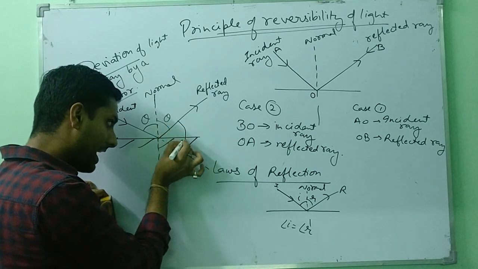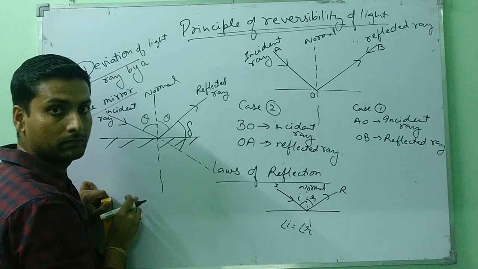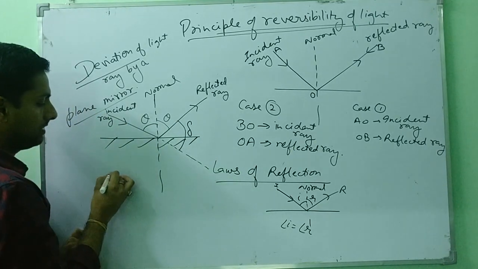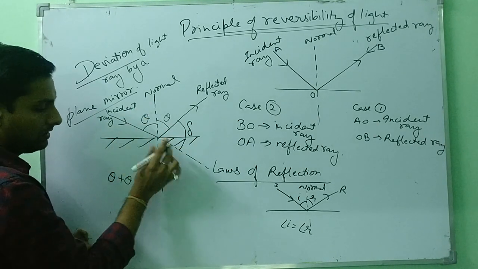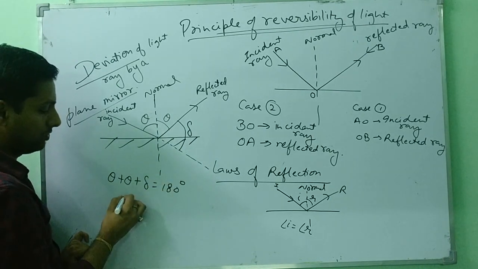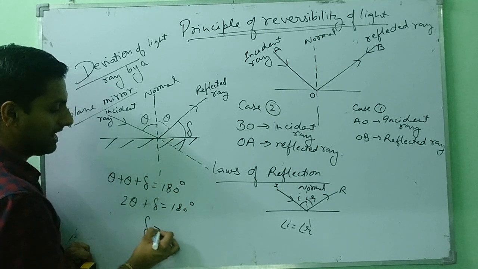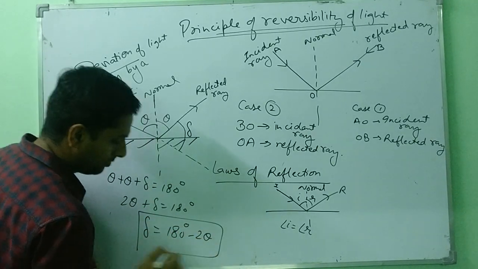Both are deviated by some angle called del. So by the geometry, we can say that theta plus theta plus del constitutes a straight line, so that becomes 180 degrees. So 2 theta plus del becomes 180 degrees, and hence del becomes 180 degrees minus 2 theta.